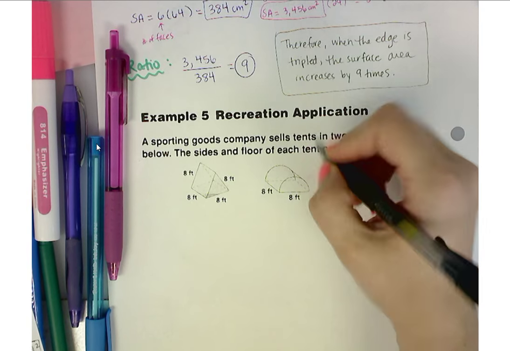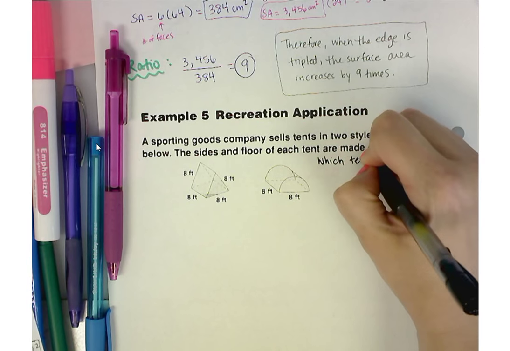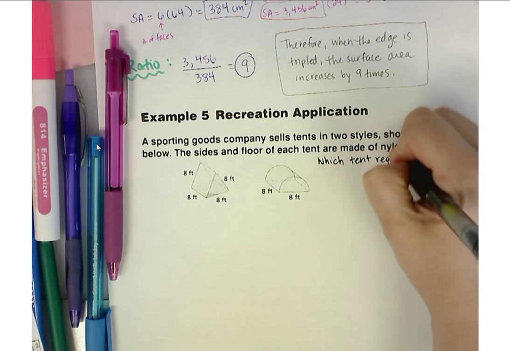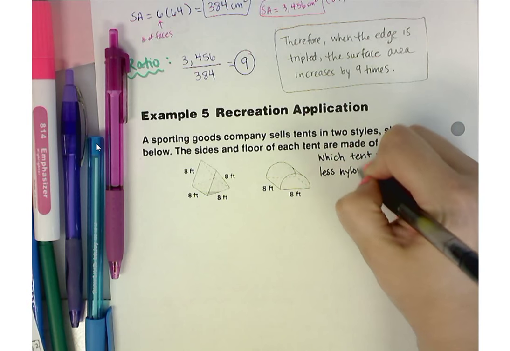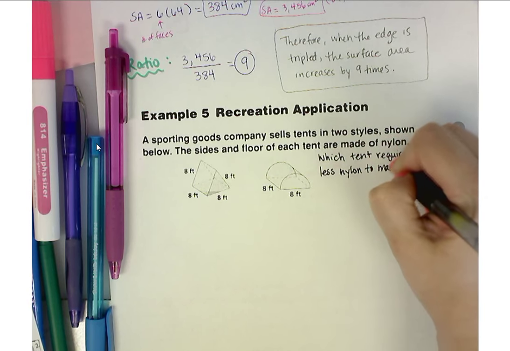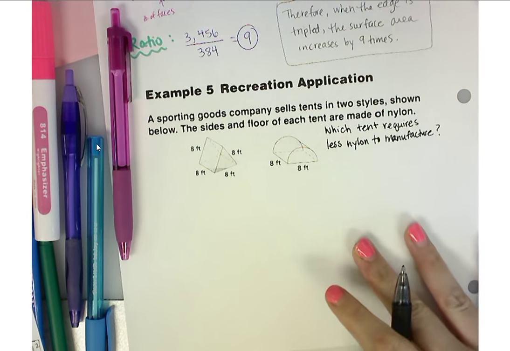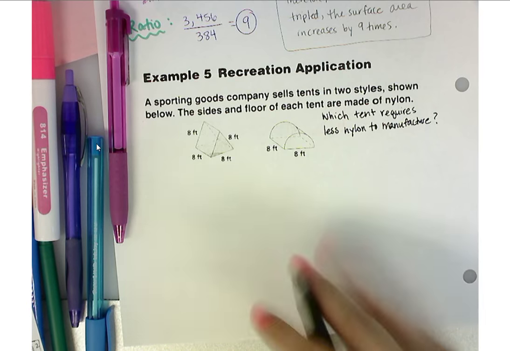So which tent requires less nylon to manufacture? So basically, you need to find which of these 2 tents has what? Yeah, the smaller surface area. So the smaller surface area is going to require the less nylon to manufacture.